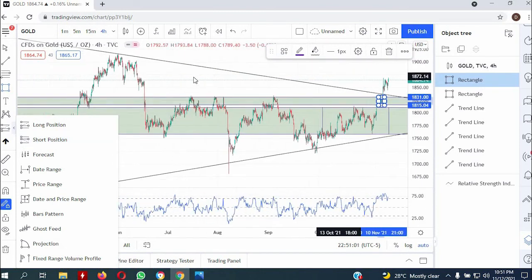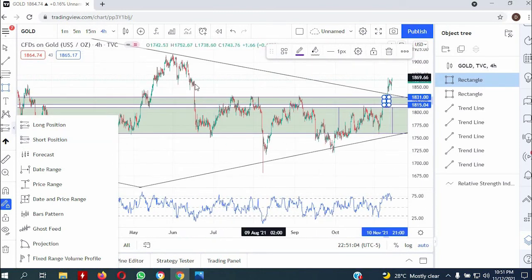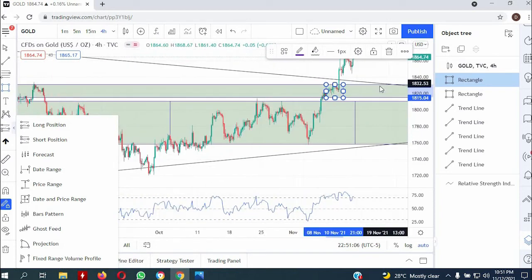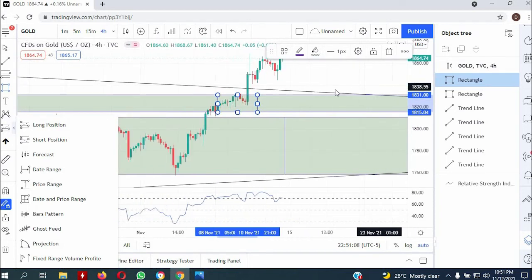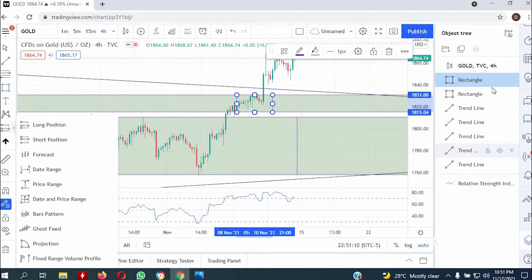So if the gold fails to break through this area right here, you can look at a sell trade. So that's it for gold. I'm going to go to Ethereum.